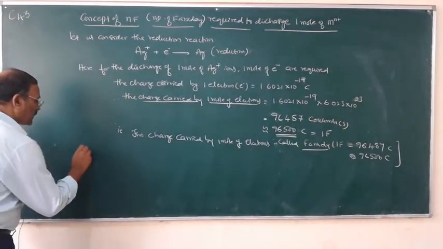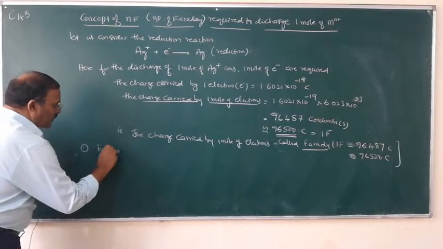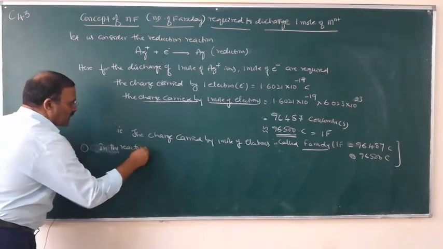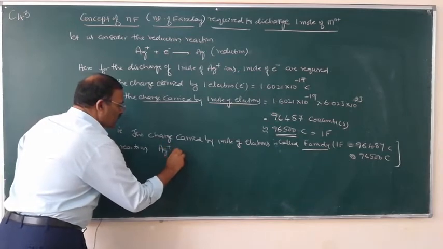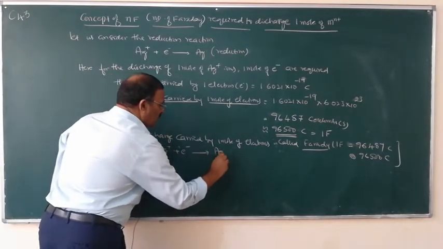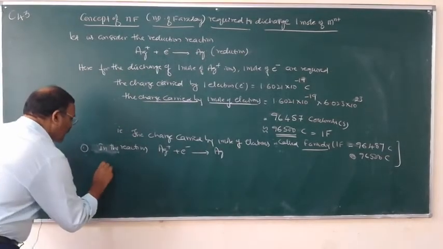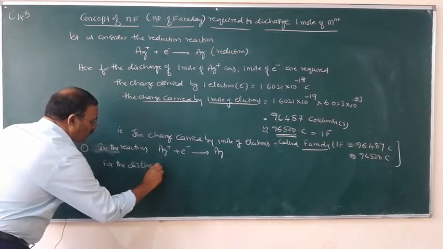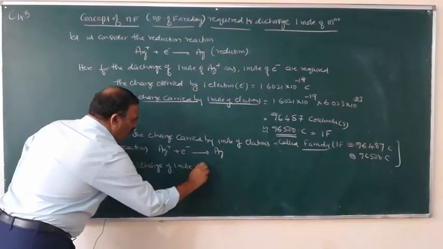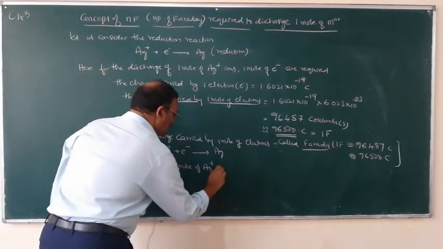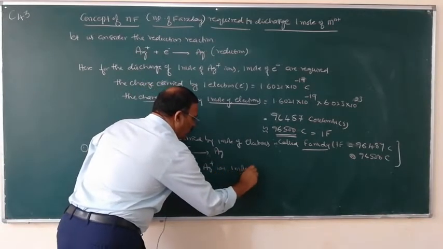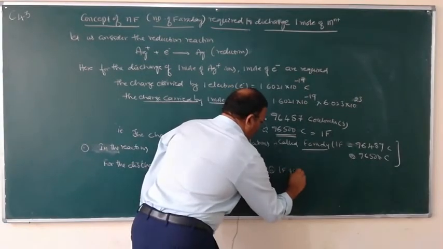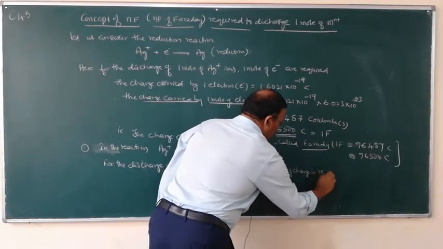Next, in the reaction Ag plus electron gives Ag, for the discharge of 1 mole of Ag plus ions, 1 mole of electrons or 1 Faraday of charge is required.